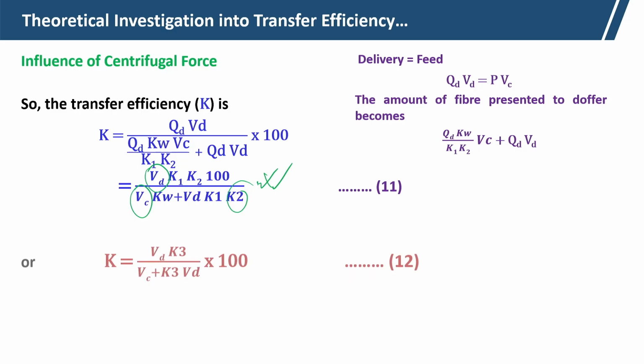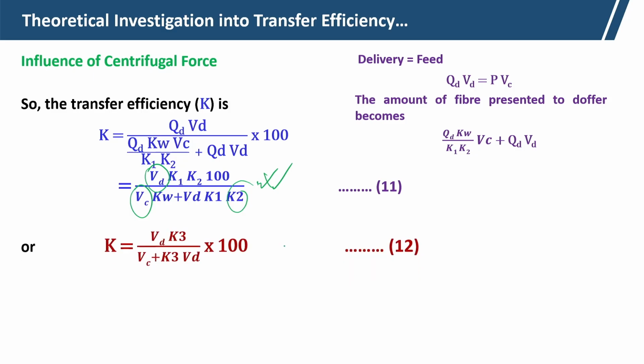So, here is the transfer efficiency, we just replace the material factors. K3 is another factor which has been taken care. So, VD K3 by VC K3D. K3 is K1 K2 by KW. So, this transfer efficiency K, it takes care of all the parameters.